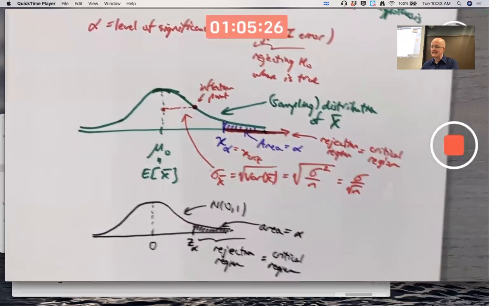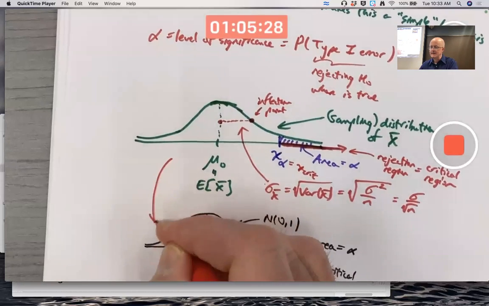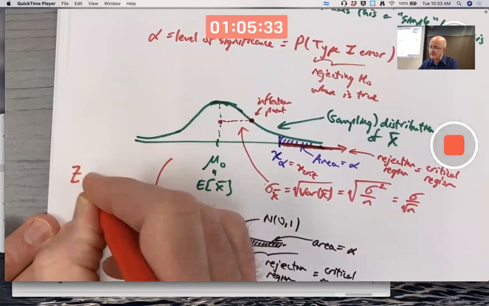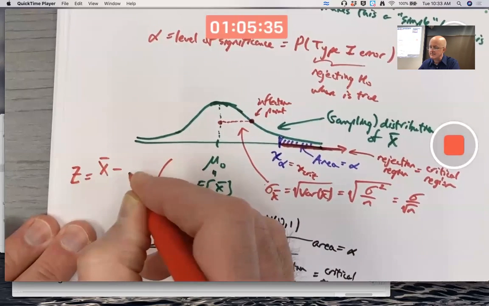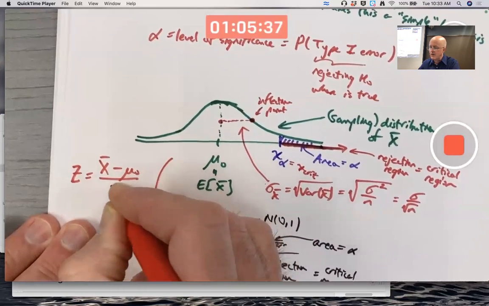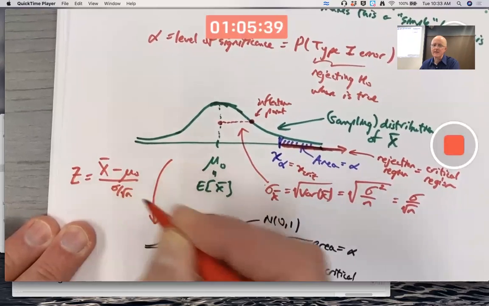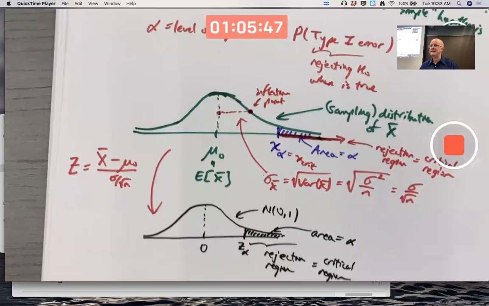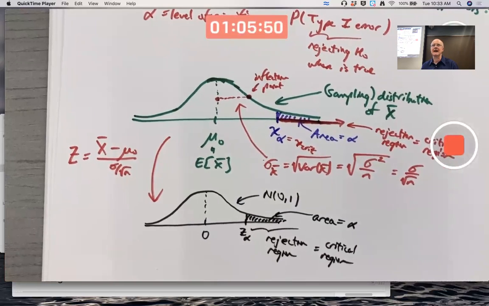The formula in random variable form is capital Z equals capital X bar minus mu sub 0 over sigma over square root of n. Right, you've done these calculations before. I probably will assign a few problems where you have to calculate these things.